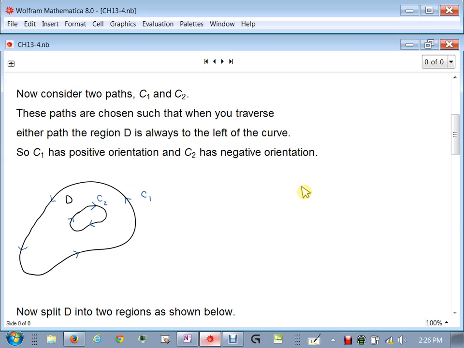D is this region with this hole cut out of it. We create these two paths, C1 and C2, so that when you go along the path, the region we're talking about is to the left of you, right? So C1 is counterclockwise, which is positive orientation. C2, as I move clockwise, the region is to my left. With me? Yes?